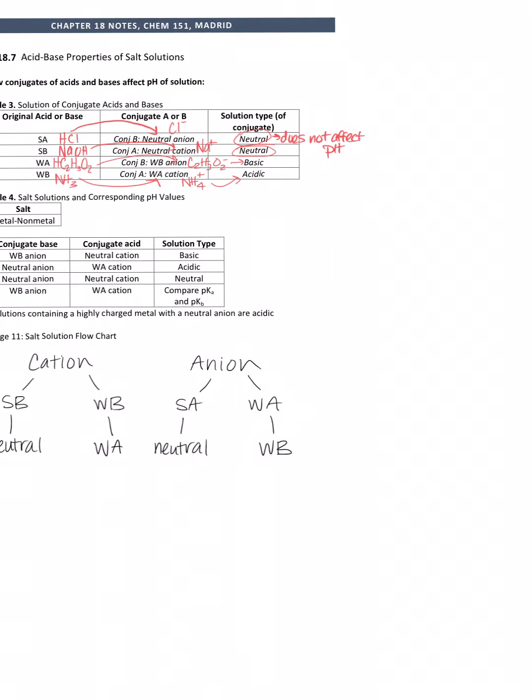Now, just to kind of drive this point home, let me show you how that's true. So let's take the example of the chloride, and then we'll take the example of ammonium. So why doesn't chloride affect the pH of the solution? So think of Cl-. If you put it into water, the only thing that it could theoretically do, because it's negatively charged, is strip a proton from water, and you would create hydrochloric acid and hydroxide.